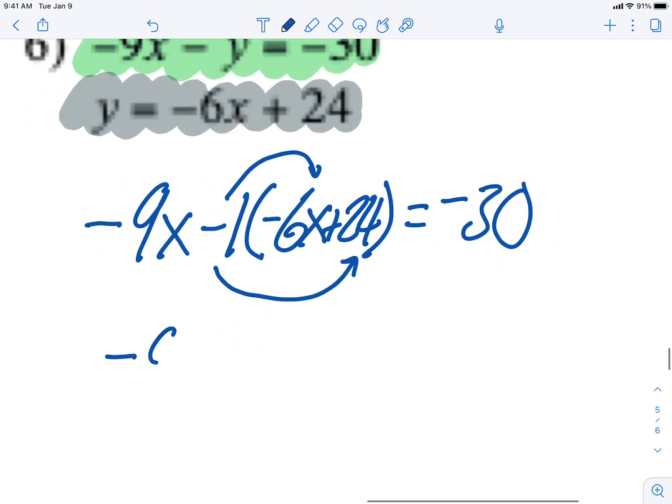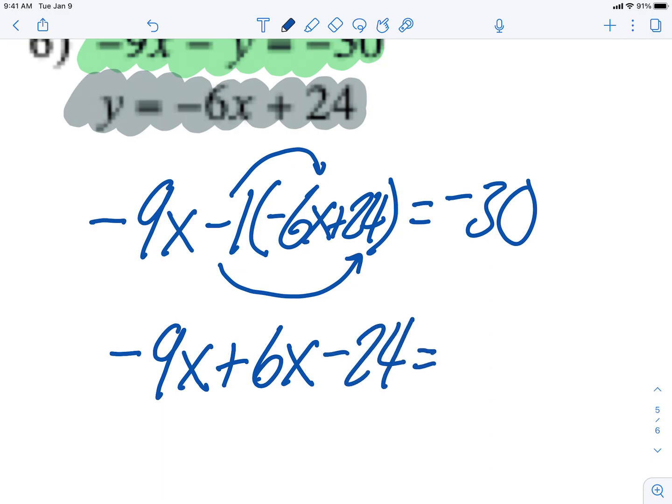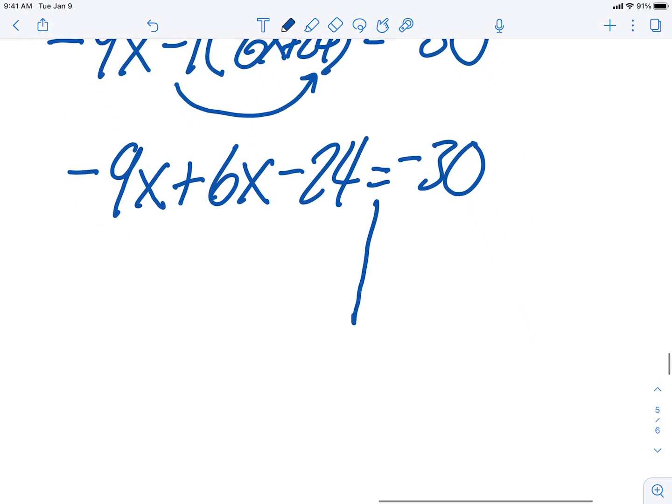So I'm going to get negative 9x. Negative 1 times negative 6x is a plus 6x. Negative 1 times 24 is a negative 24, is equal to negative 30. So these two go together, and this negative 24 comes over as positive 24.